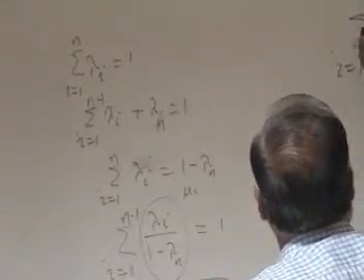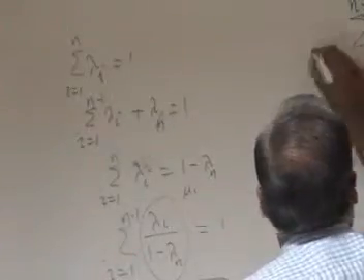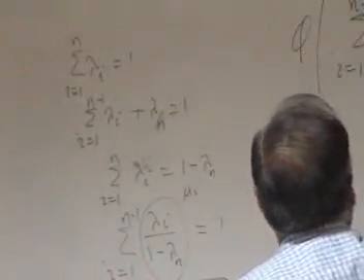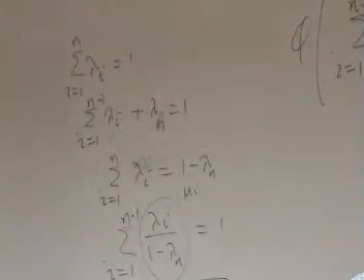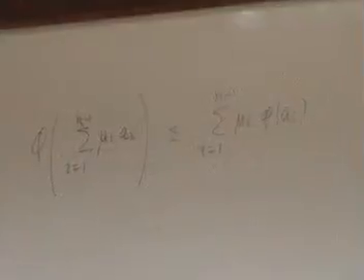The summation i equals 1 to n minus 1 of mu i phi of a i will be less than or equal to phi of the summation, because we assume that the result is true for n minus 1 numbers.